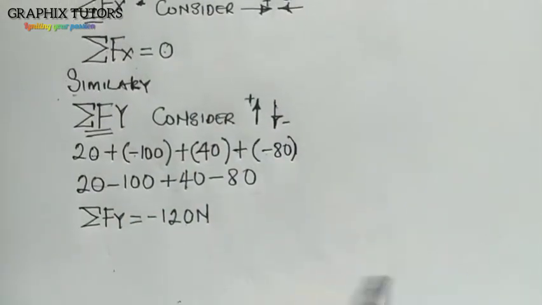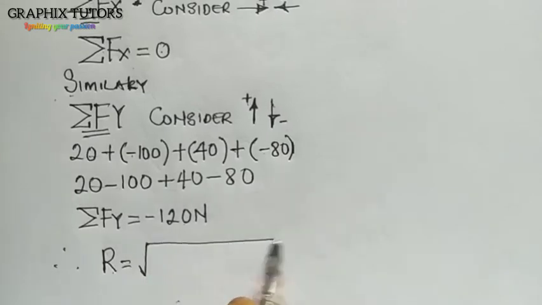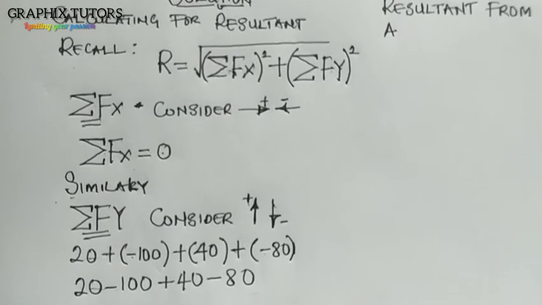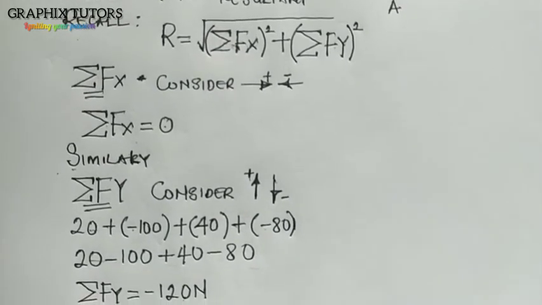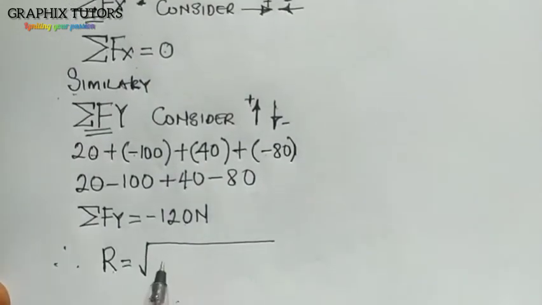So we'll say that therefore my resultant force, our rule, will give me the square root of, now what is my summation of F of x? Summation of F of x is what? Is 0. So I'm going to put 0 here. Why am I putting 0 here?